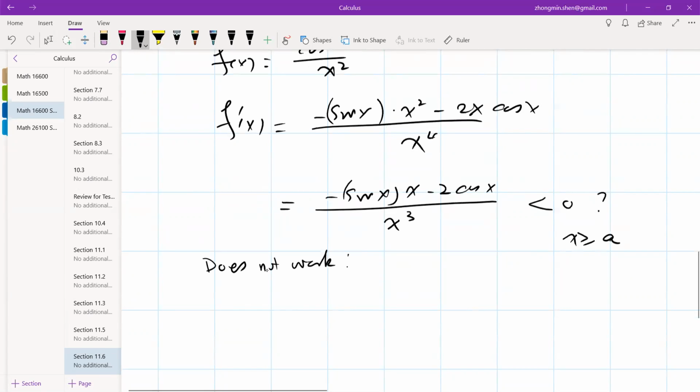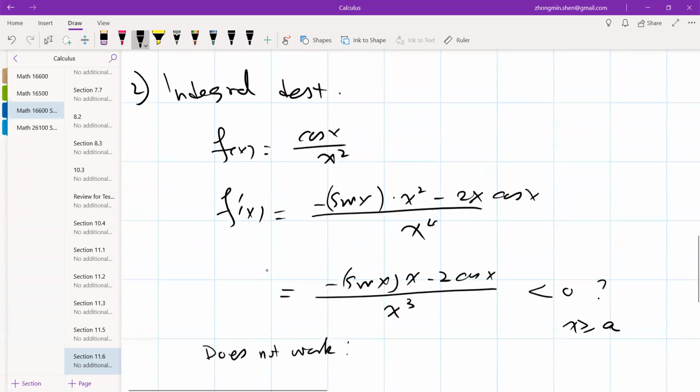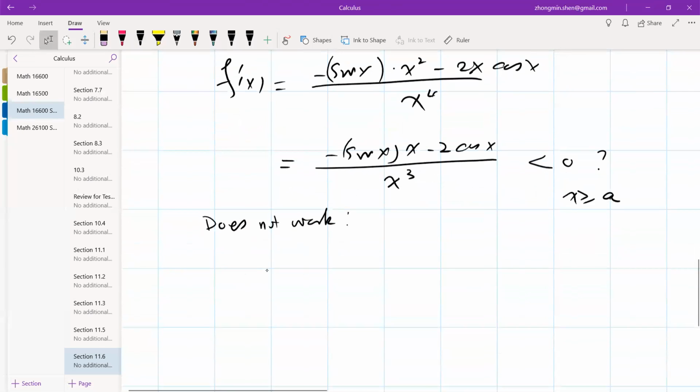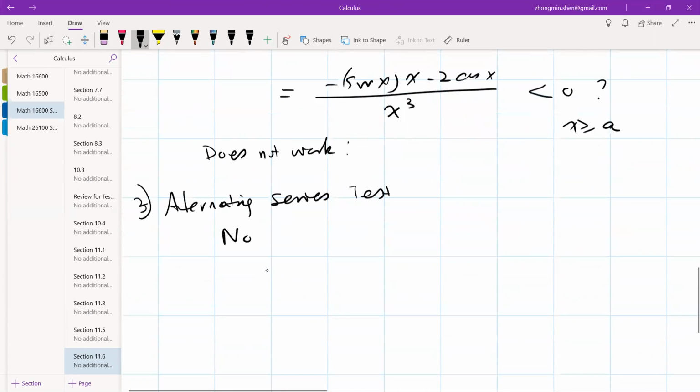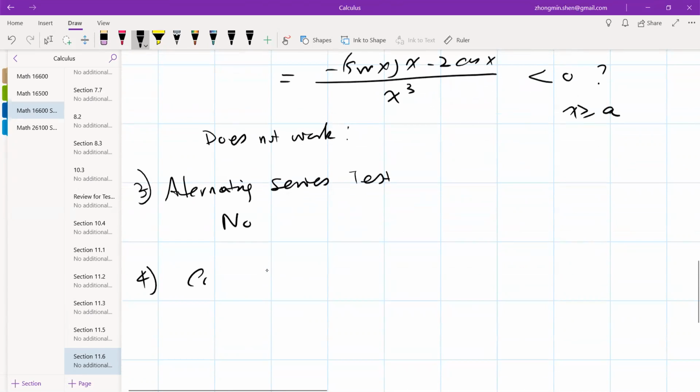All right. Can I use the alternating series test? No. It's not an alternating series. Then what do you have? Comparison tests? No. Why?